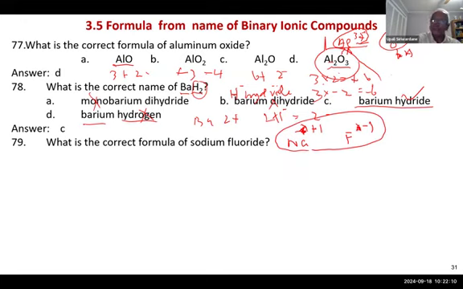You don't cross multiply like with aluminum oxide, where to charge balance you cross multiply. Therefore, NaF. This is the correct answer. Others are not correct.